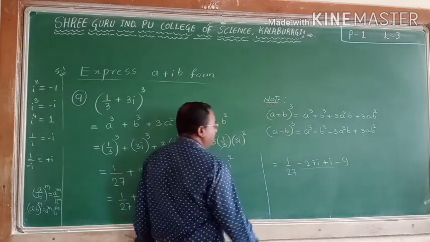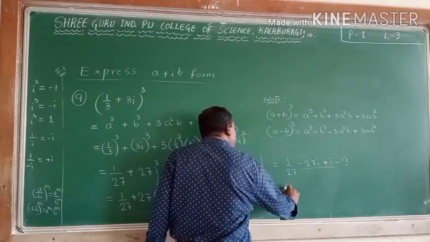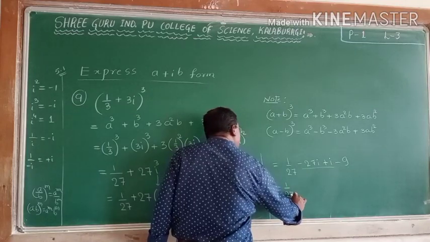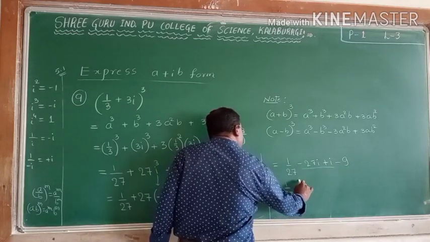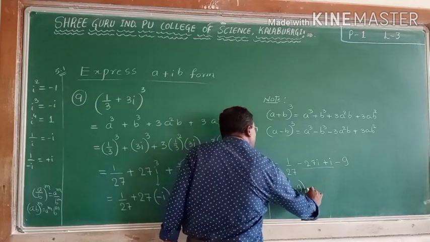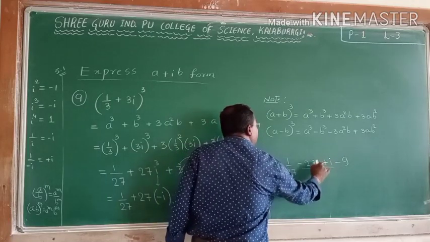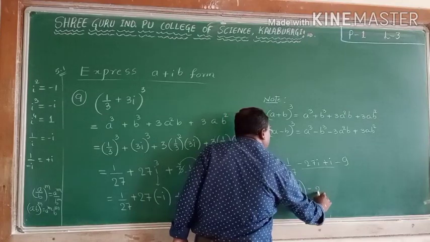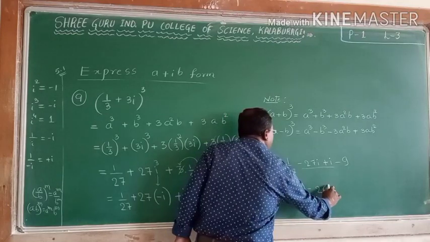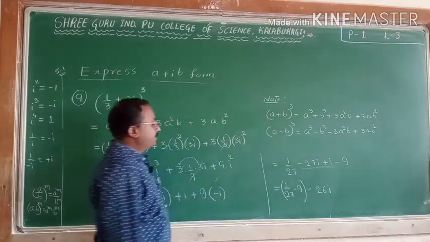This is imaginary. 1 by 27 minus 9 minus 27 plus 1, minus 26i, minus 26.